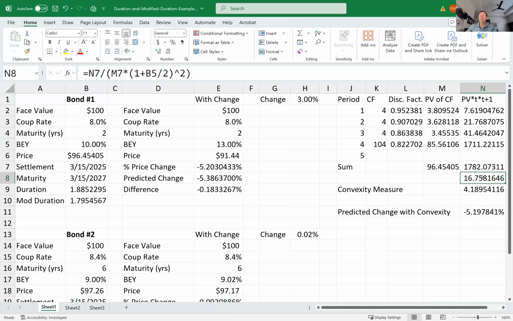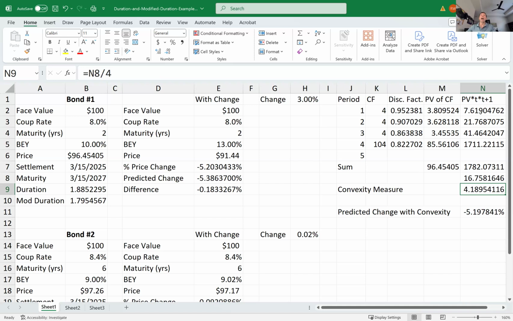Now, that is my convexity measure in semi-annual periods because we were counting semi-annual periods here, but we need to get it in years. So we need to divide by 4. A lot of times students ask, why do we divide by 4 rather than dividing by 2?